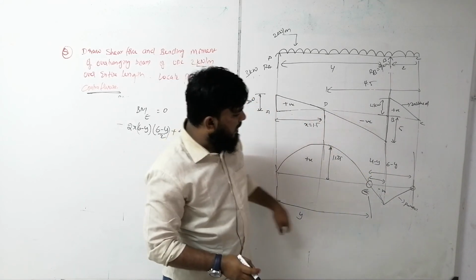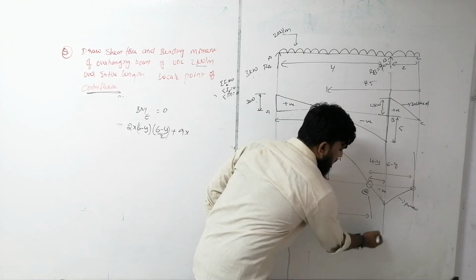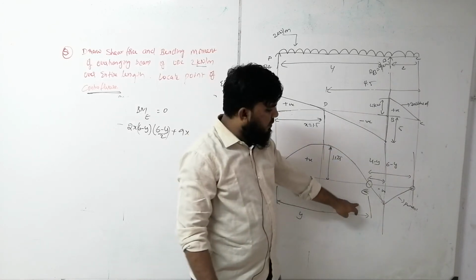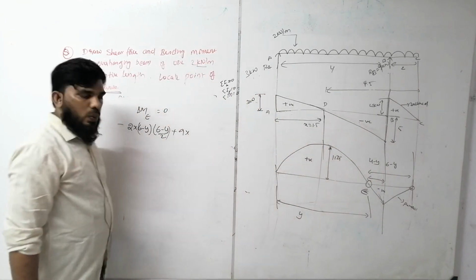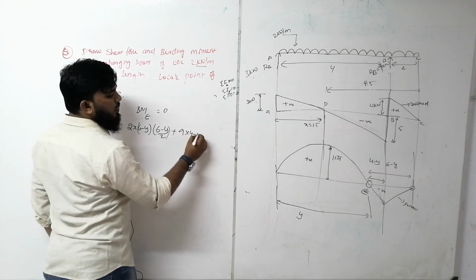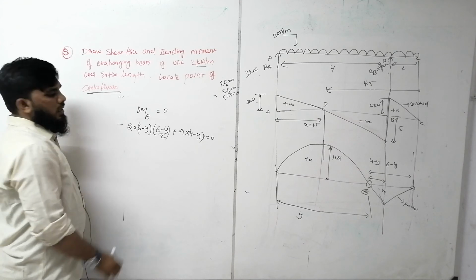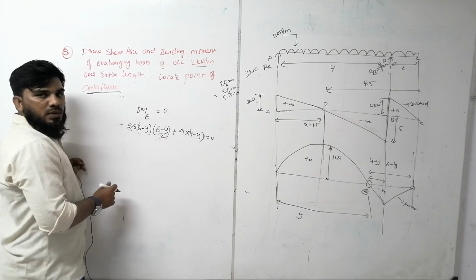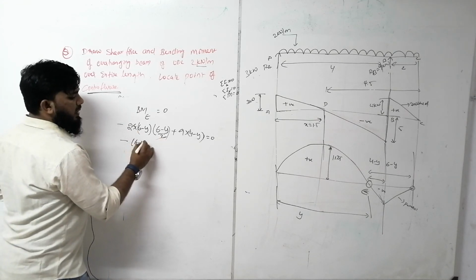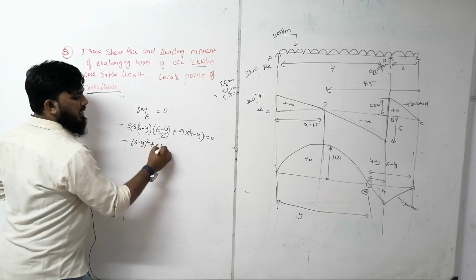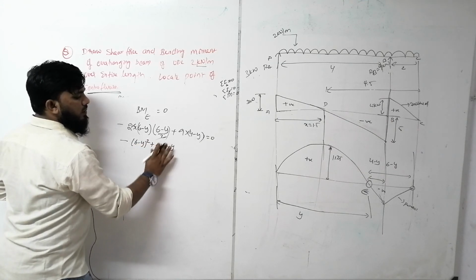How, sir? So total length from here to here section is 4. So out of 4 this y is gone. So 4 minus y. So that is 9 into 4 minus y is equal to 0. Okay. So this 2 cancel. This will become minus of 6 minus y the whole square plus 9 into 4 minus y.